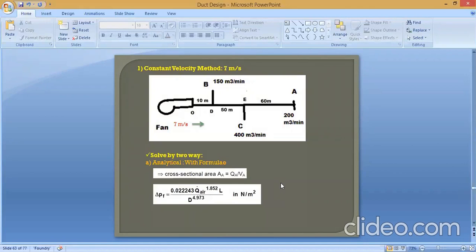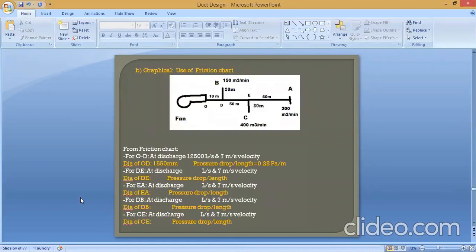One is by analytical way, with the help of the formulas shown in the slide, and second one is graphical method with the use of friction chart. As you all know, the graphical method is quite popular for field engineers, because it is quite simple and easy, with less tedious calculations, and for repetitive calculations also this is a good tool to use. So I will continue with this friction chart method.